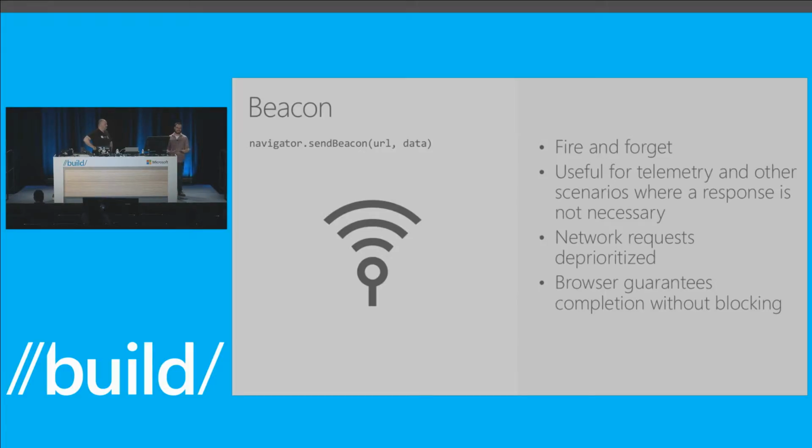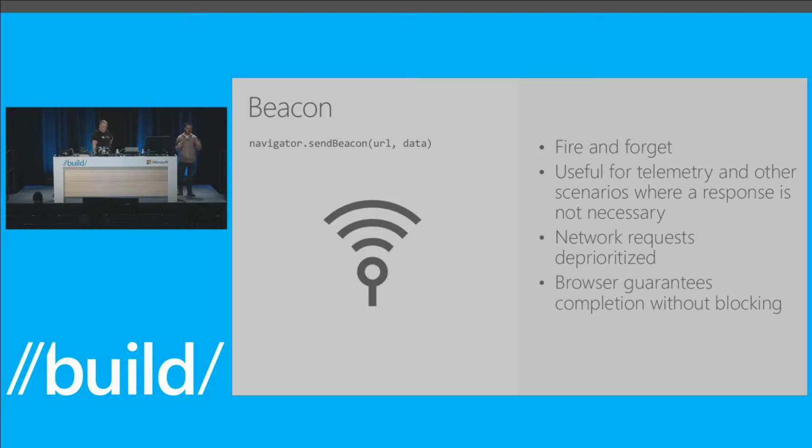The navigation gets slower. So we wanted to build an API that allows you to do this more explicitly and deliberately. So there's navigator.sendBeacon. It's very simple. You give it a URL, and you can pass in data. The data can be anything, a string, an object, anything that can be serialized onto the network. You fire and forget it. Because it's used for telemetry and analytics, you don't need a response back.